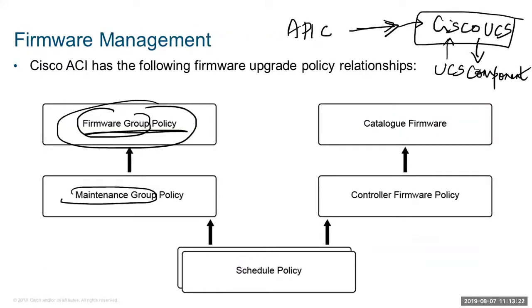So I have policies. A policy would specify when and what. The firmware for the controller, which version should be applied, is something that I configure in the controller firmware policy. Of course, which catalog should be applied.